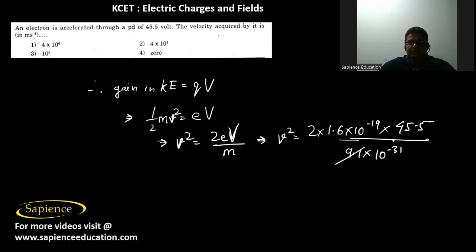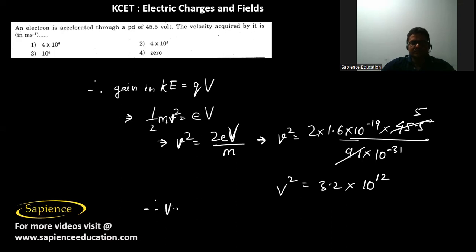So 9.1 will cancel out with 45.5, leaving 5. So v square will be equal to 3.2 into 10 power 31 minus 19, which is 12.